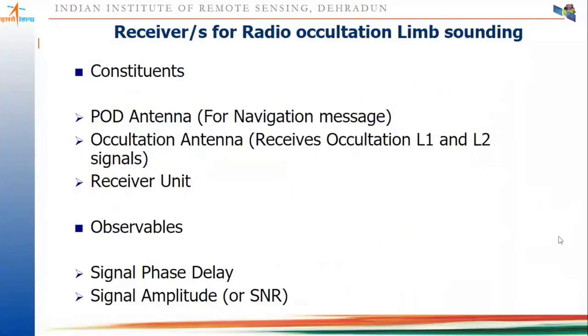On the receiver side, we should have a POD antenna for precise navigation, an occultation antenna, and a receiver unit. What we get is the signal phase delay and signal amplitude, which is nothing but the signal to noise ratio.